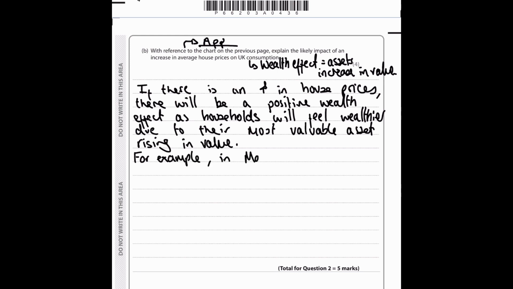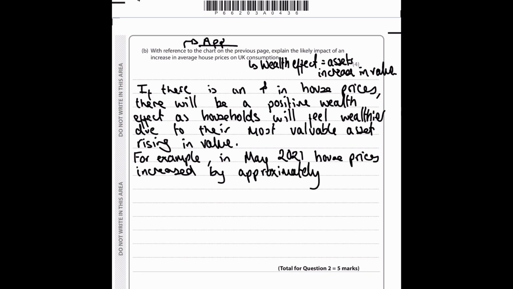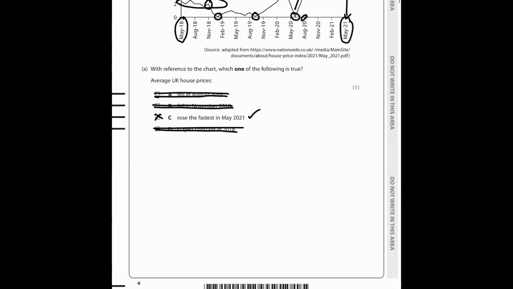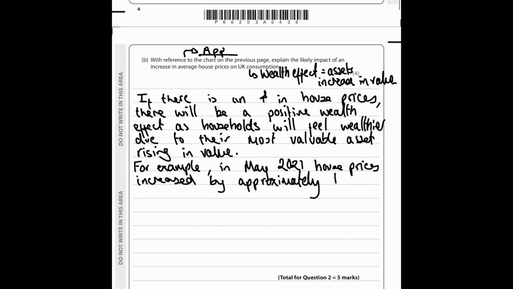in May 2021, house prices increased by approximately, and if we go back up, you can see 11%. And it's May 21, just double checking. There we go, get my application marks. And therefore I can say it's likely that consumers will increase their spending.